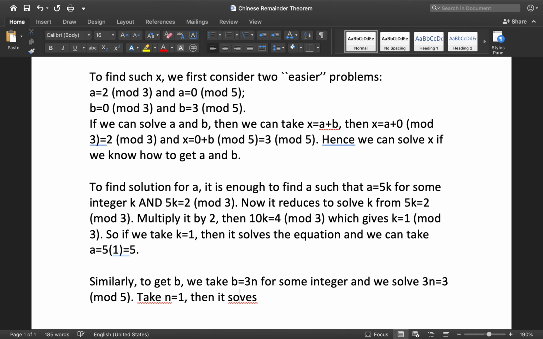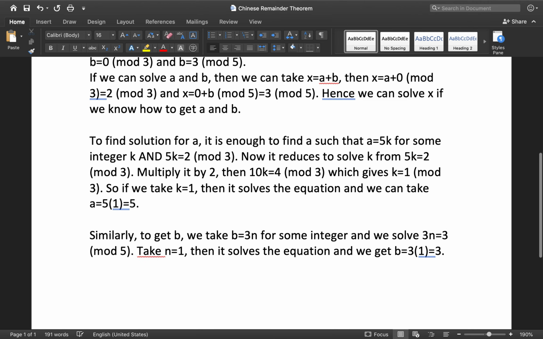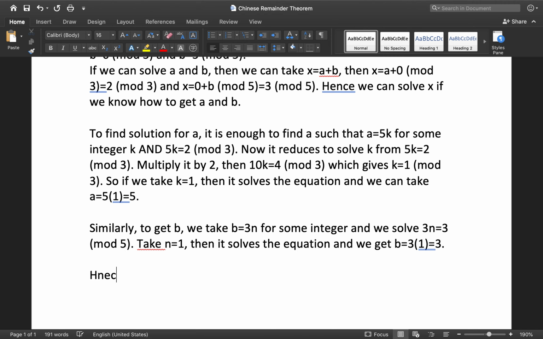So we get b equal to 3 times 1, which equals 3. Here we got the two variables a and b, and hence we take x equal to a plus b as we discussed before, which is 5 plus 3, which is 8.